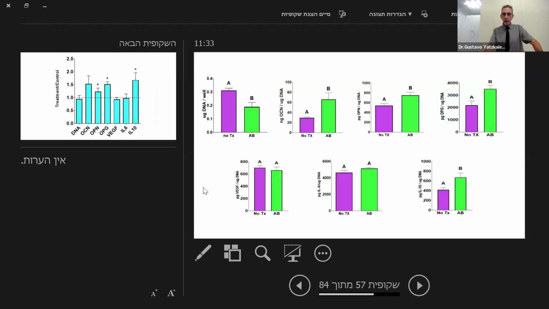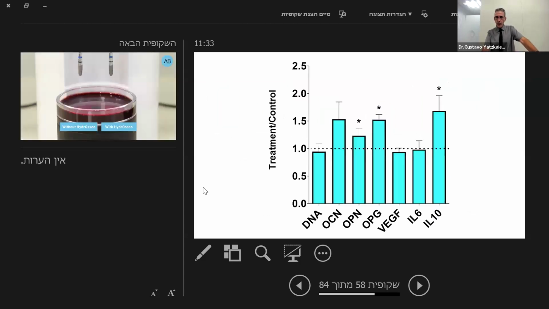Chemically and biologically, we can see a decrease in the cellular proliferation. We can see an increase in the osteomarkers like osteocalcin, osteopontin, and osteoprotegerin. The factors decrease a little, but not significantly.